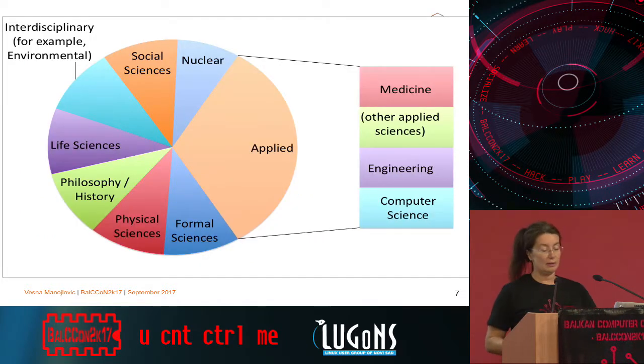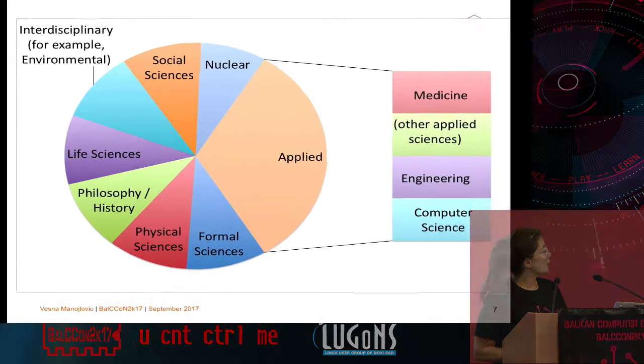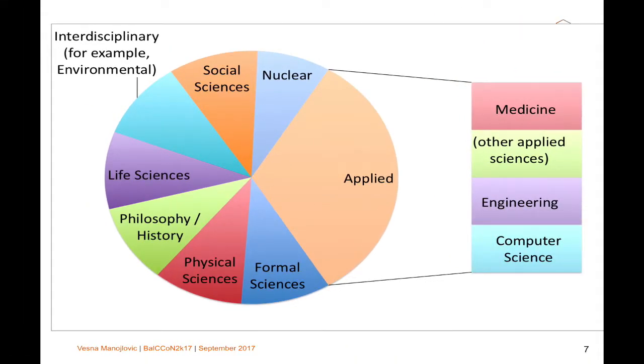So this is another handy pie chart that I created by trying to figure out why it is so difficult to merge the ethical studies with the actual hard sciences, let's say. And so there is this split.